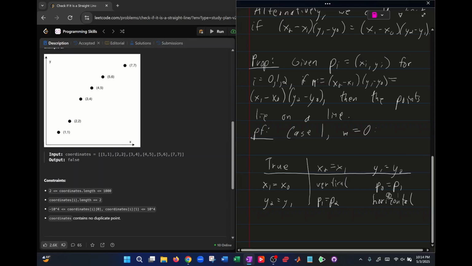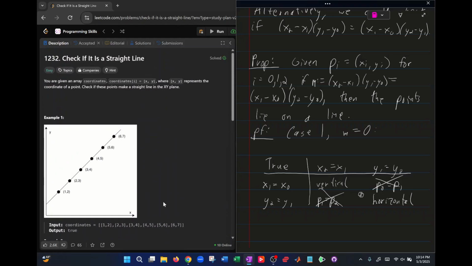And so we're not going to have to worry about these edge cases. Okay, so this confirms the proposition for the case of M equals 0. Because if M equals 0, then it's going to be either a vertical line or a horizontal line, in which case it's a line.